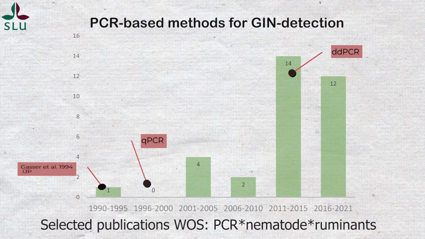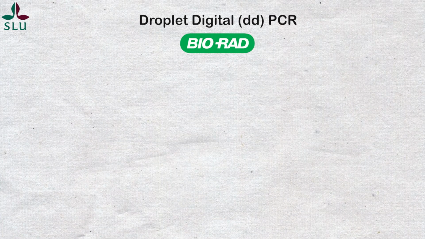Still, to the best of my knowledge, none of these tests have as yet been included in the diagnostic portfolio in commercial labs. Furthermore, few studies take advantage of ddPCR, so there is still a long and winding road before these tests reach the stakeholders.